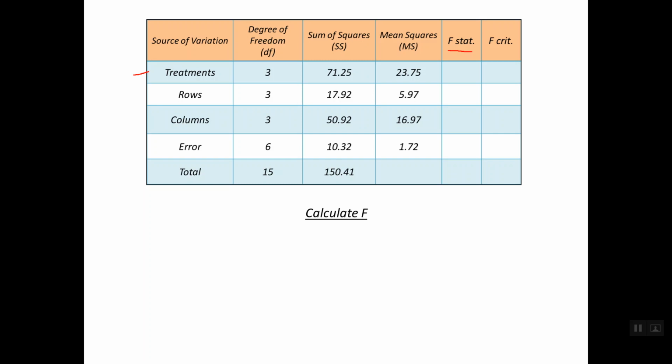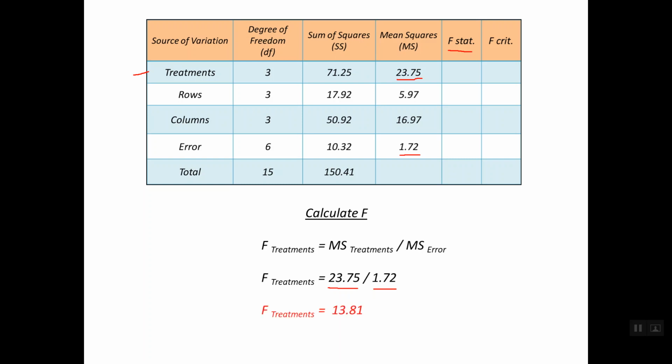To calculate the F, we simply divide the mean square of the treatments by the mean square for the error. This is the MS for the treatment, and this is the MS for the error. So this is the value of F for the treatments, 13.81.